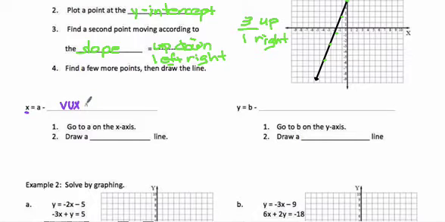So this x here is going to be a vertical line because it's x equals. So go to A, whatever the number is, on the x-axis and draw a vertical line.